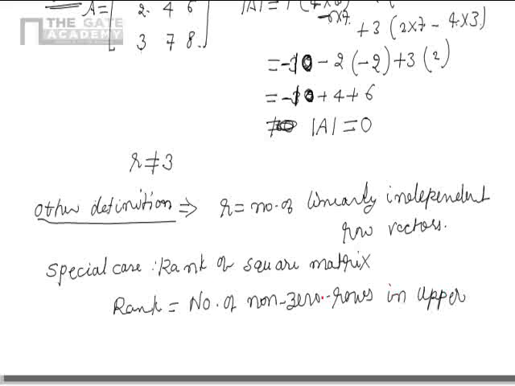That means any matrix we will convert into an upper triangular matrix, and we will see how many non-zero rows there are, and this upper triangular matrix conversion we will do using elementary transformations, which we have talked about just now.